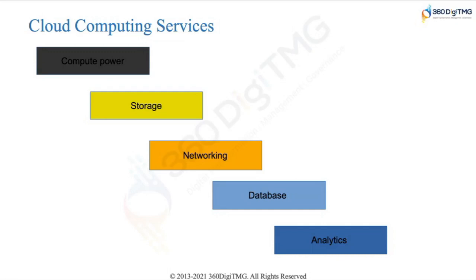Anything, any application needs resources, and these resources are provided by the server. Actually, the application resides on a server, so that server provides compute power, storage, networking, databases and analytics. Of course, not only the server; other infrastructure also provides all these things.